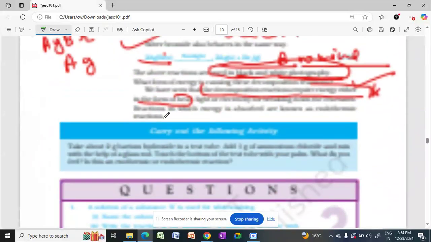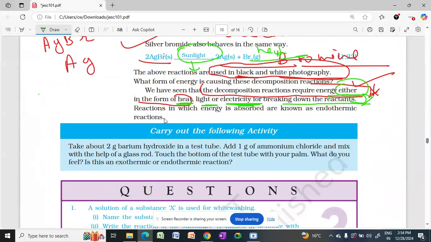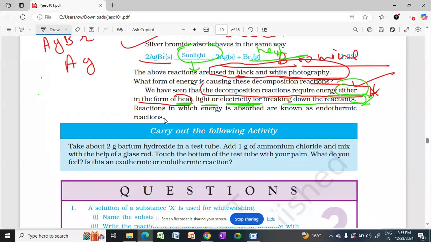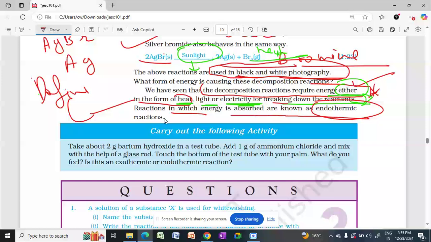So what I'm saying to you here is that decomposition reactions require energy either in the form of heat, light, or electricity, for breaking down the reactants. The reaction in which heat is absorbed, underline right here, this is the definition of what? Endothermic reaction. So the reactions in which energy is absorbed are known as endothermic, just opposite to exothermic.